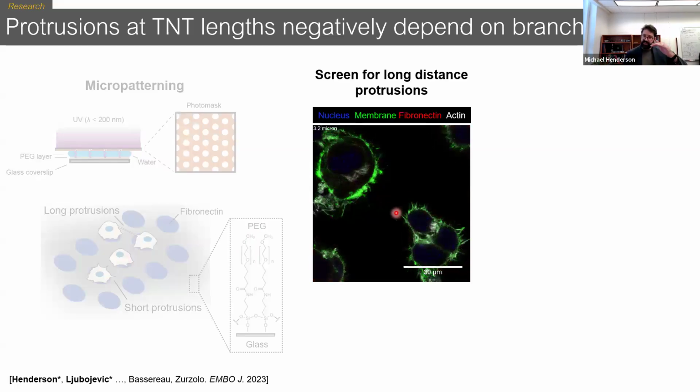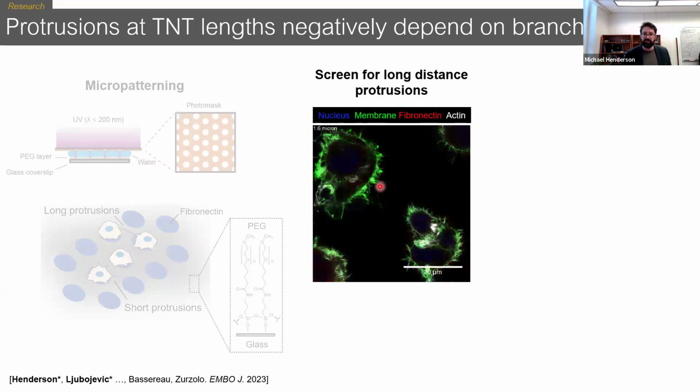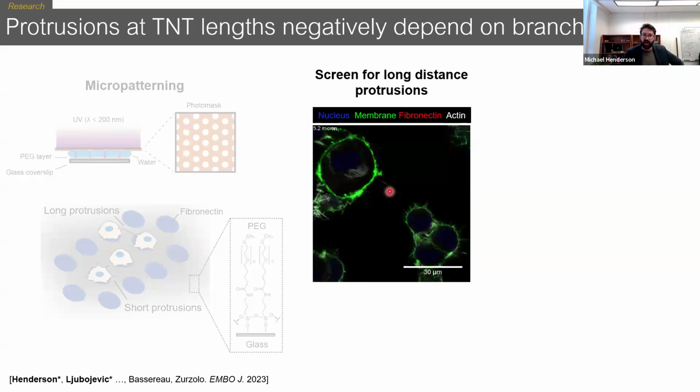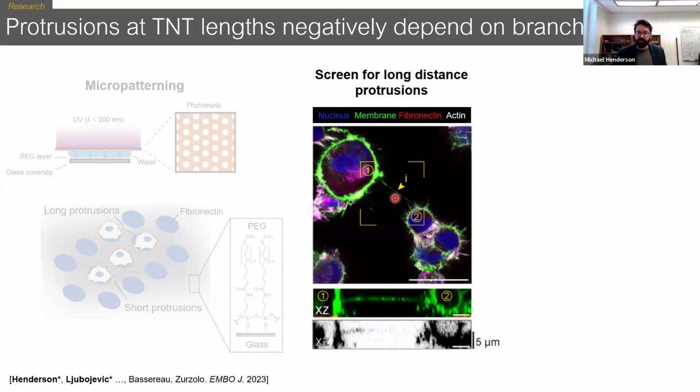This is a Z-stack image through such a protrusion being formed, a tunneling nanotube at a long distance here in the upper Z-stacks of this confocal image. And just focusing a little bit deeper, you can see it's substrate detached, which is pretty characteristic of long-forming structures, and it's also enriched with actin within it here.